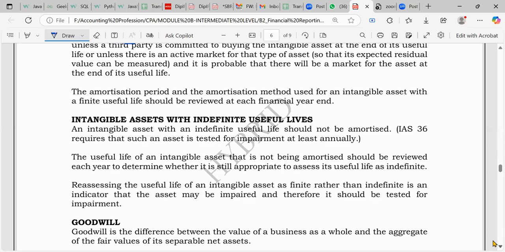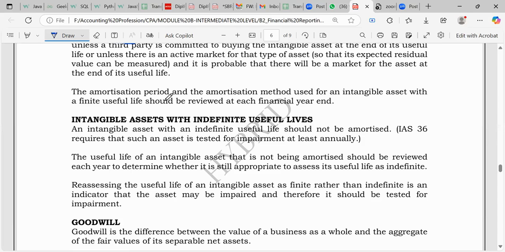Anything with an indefinite useful life cannot be amortized or depreciated, because if you say something has 10 years, if you say depreciate it, it means you will be taking part of it in the income statement for 10 years, after which it will vanish, right? But if something has an indefinite life, it means it has an amortization of zero. Or if it's depreciation, it has a depreciation of how much? Of zero, right?